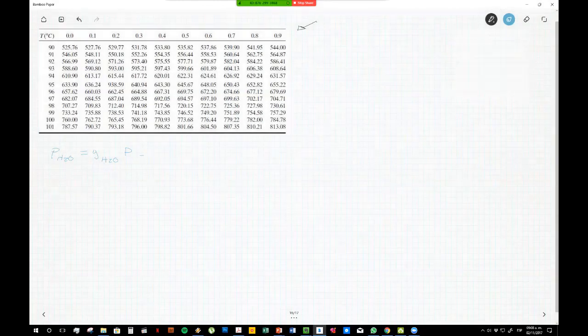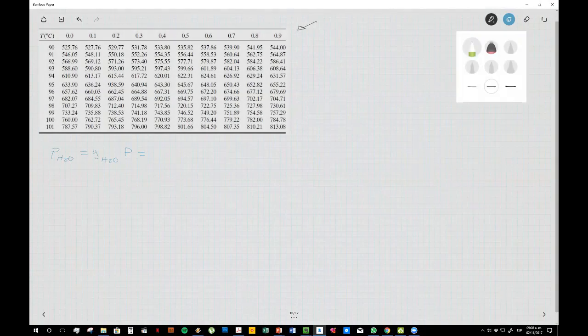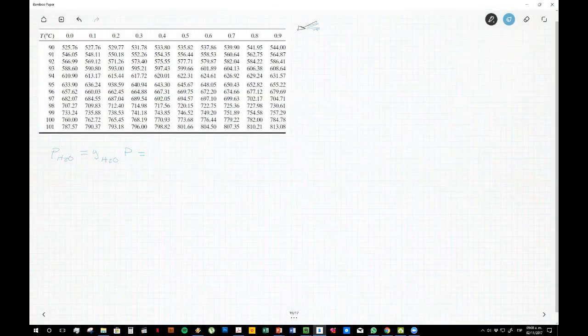Okay. So in this case, we know the molar fraction because we are assuming ideal gas, right? So if we know the percentage in volume, we know the molar fraction of it. So the problem says that we have 10% of water by volume.